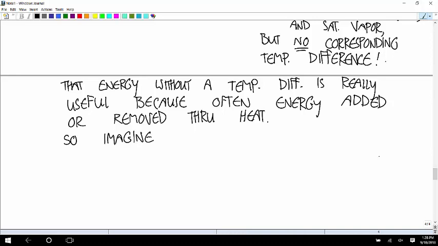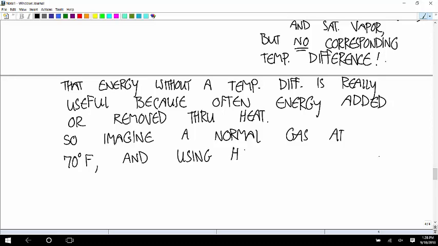So imagine a normal gas at 70 degrees Fahrenheit or whatever. So imagine a normal gas at room temperature, and imagine using heat to add or remove energy to or from this gas.